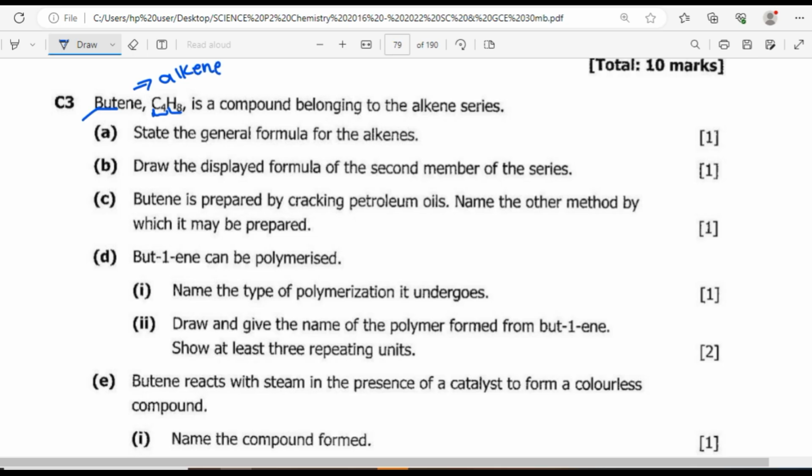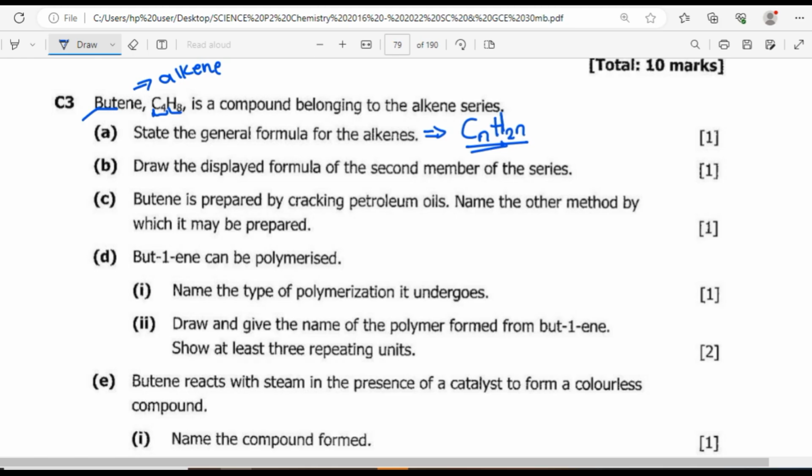Now the first one: state the general formula for all the alkenes. The formula that you are supposed to commit to memory is CnH2n. Draw the displayed formula of the second member of the series. For us to draw the displayed formula, first we need to look at the molecular formula.